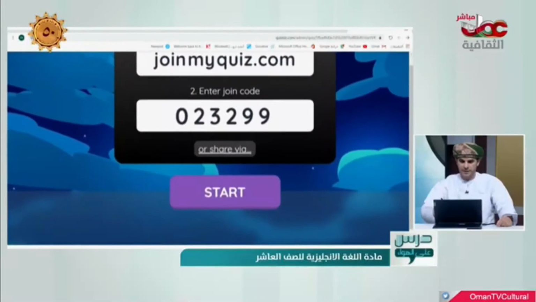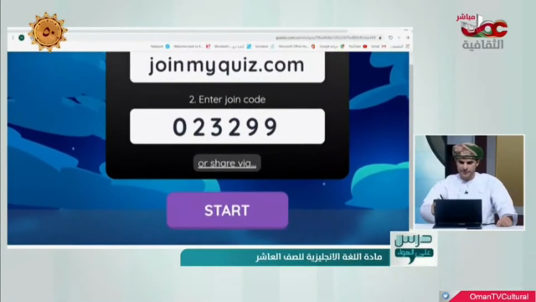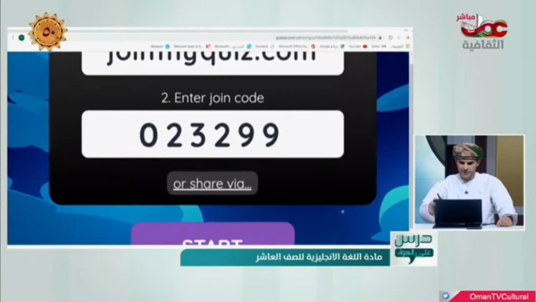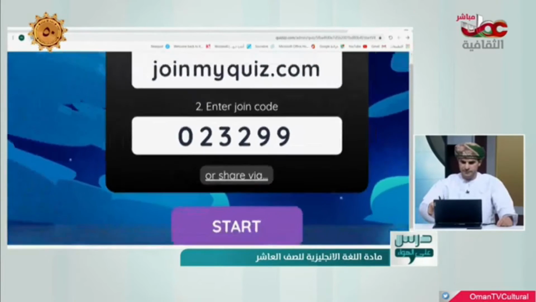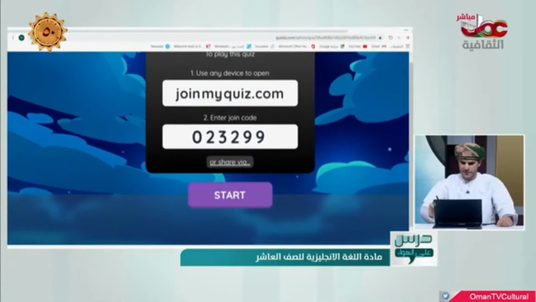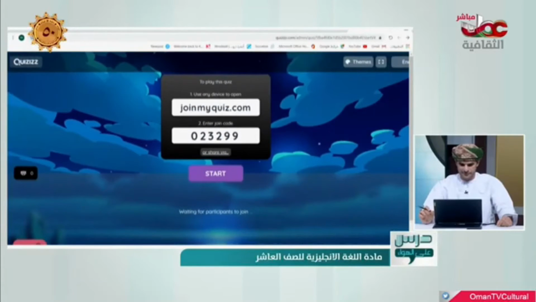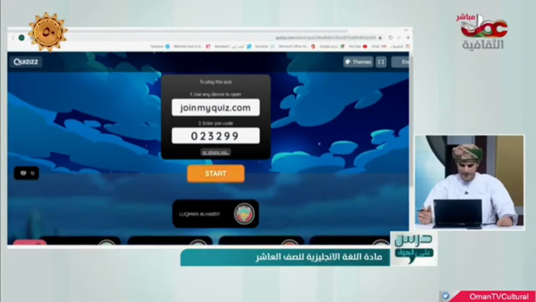Okay, I think it's clear on the screen. The code. Enter the code 0, 2, 3, 2, and 99. Can I see some students here? Can we reach 1,000 in this task?